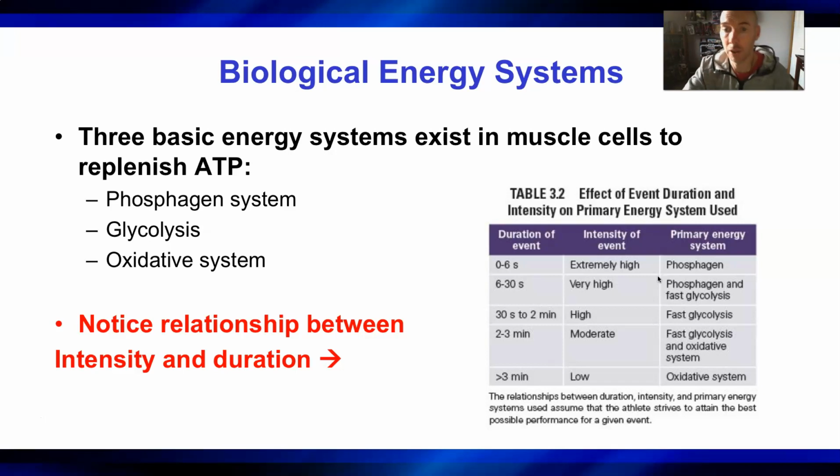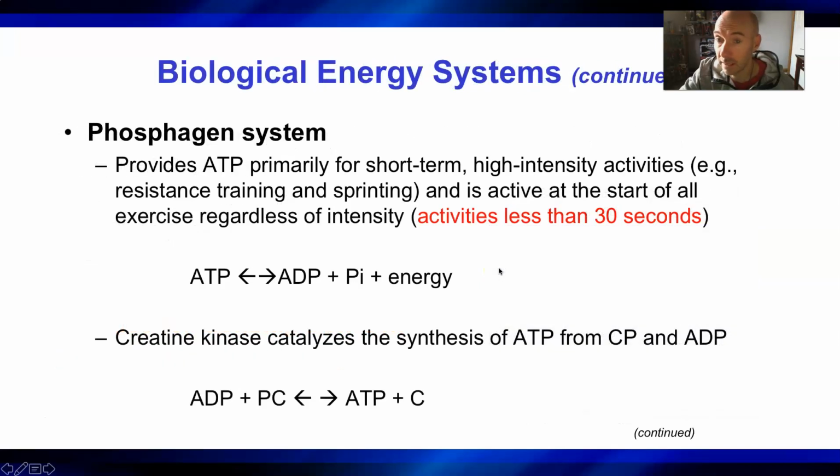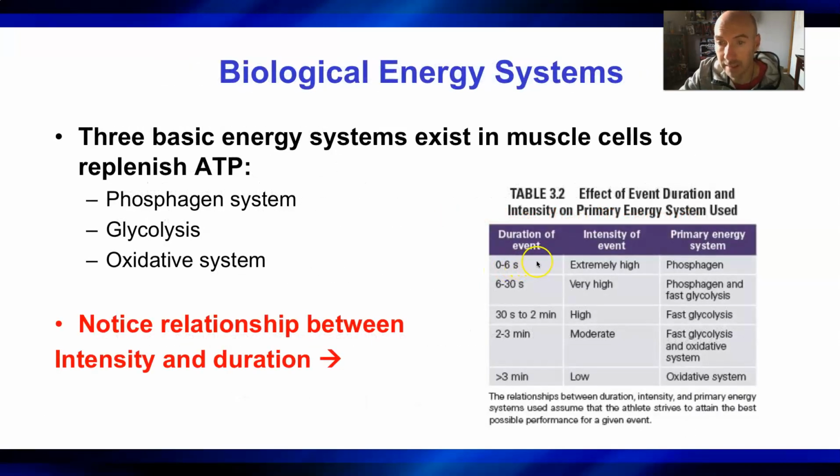So if we look at this chart here again, it gives you 5 different time durations. And it tells you, notice this is a keyword, the primary energy system used for an activity that lasts in this time duration. So for an activity that lasts 0 to 6 seconds, which could be something like a 50-yard dash, right? You can do that in around 4 to 5 seconds.